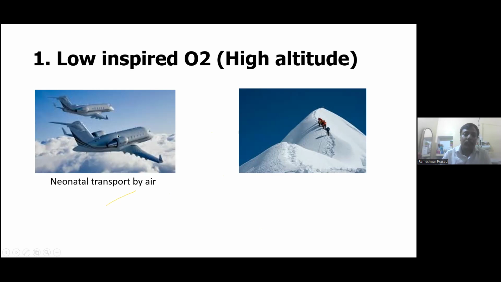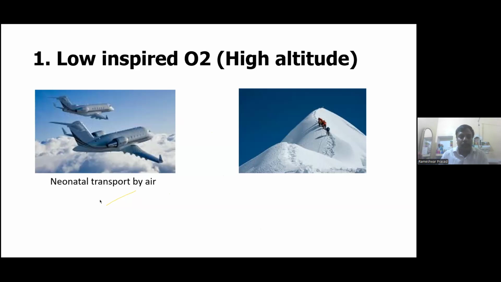So now at height, it is due to the low atmospheric pressure. Because of this, there is low oxygen tension inside alveoli. At sea level, inside alveoli, partial pressure of oxygen is 160 millimeter mercury. At height, partial pressure of oxygen is only 120 millimeter mercury. That will cause hypoxemia.